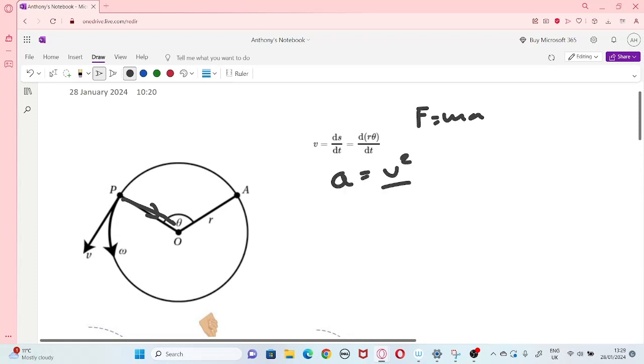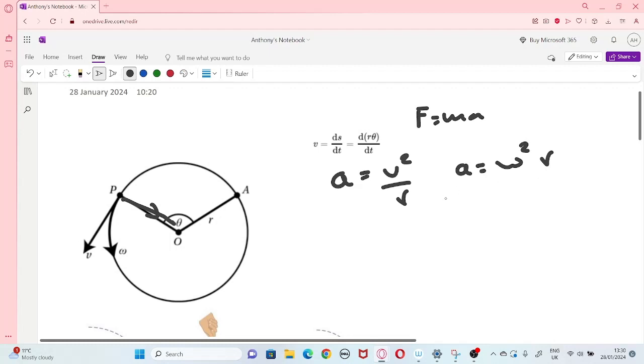Acceleration is equal to velocity squared over radius. Acceleration is equal to omega squared times radius, where omega is the angular velocity. Angular velocity refers to how fast a point object revolves about a fixed origin. So as you can see in the diagram, this is our angular velocity.